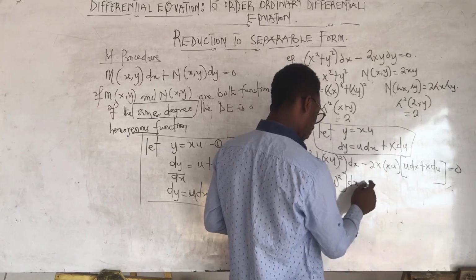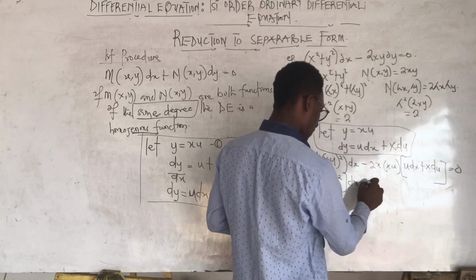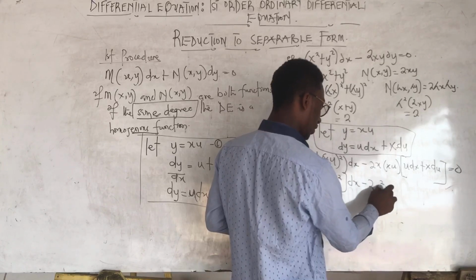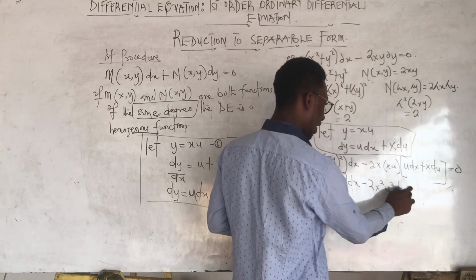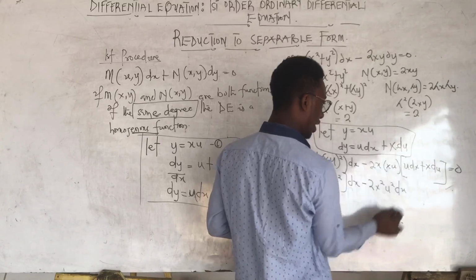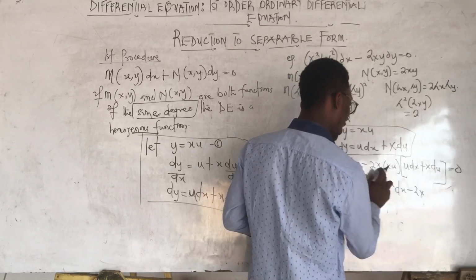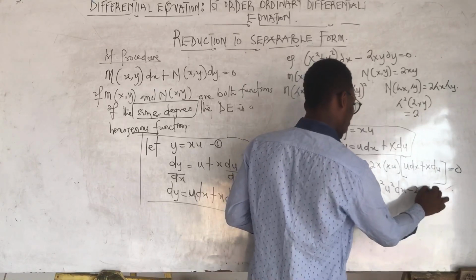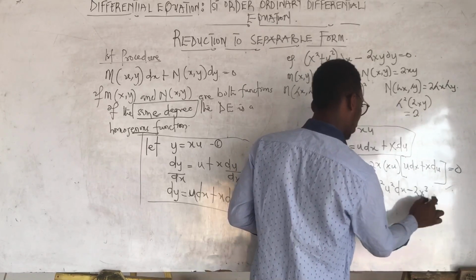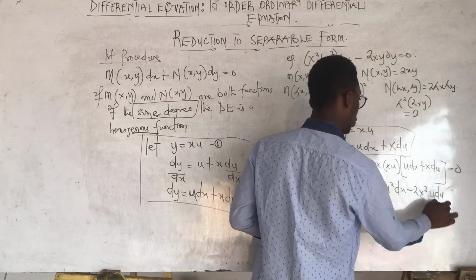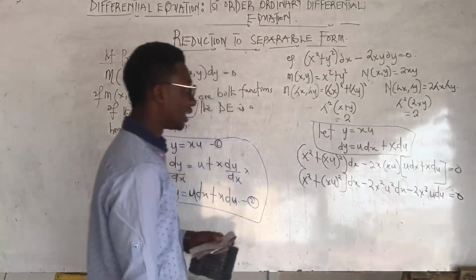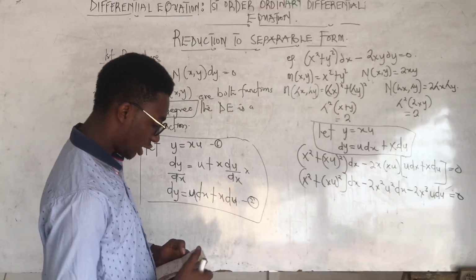You'll be getting minus 2x squared u squared dx. At the same time, multiply the whole of this by this. So we get minus 2x cubed u du, which is equal to 0.